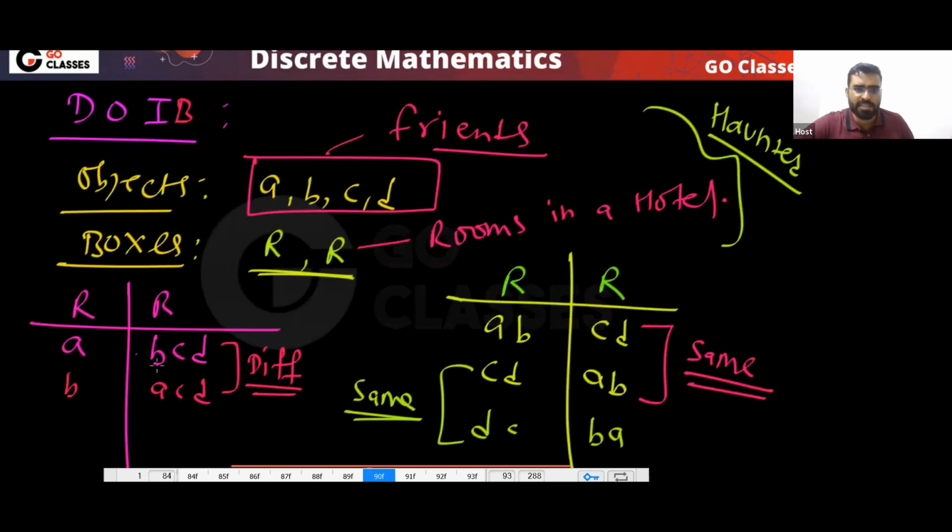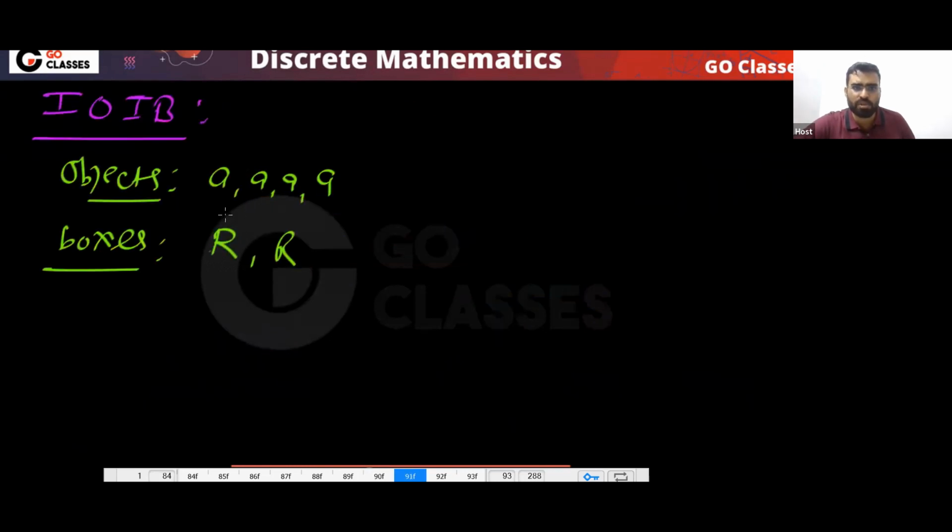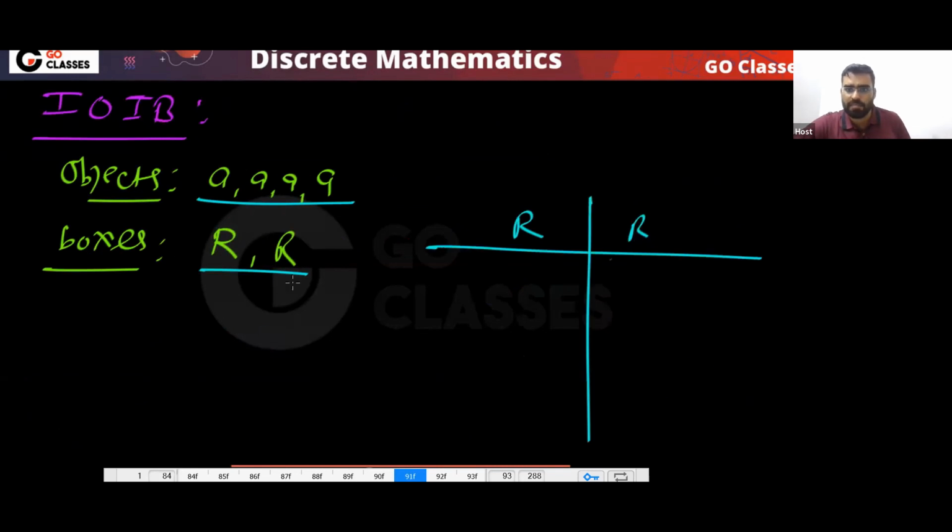In this situation, you can notice these are different, right? For example, this is also different. A and B, C and ABD. These are also different. Now you have objects that are also same and boxes that are also same. So how many can you create? Tell me, is it same as this? Are they same?